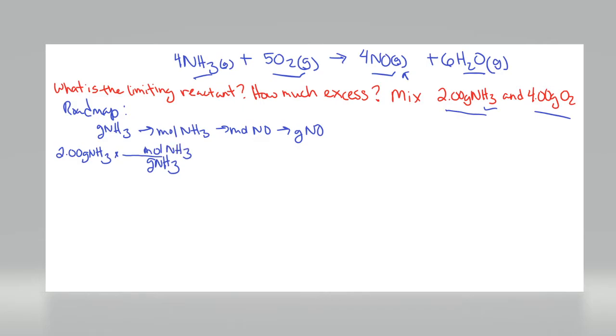So what is the molar mass of ammonia? Well, it's 17 grams in 1 mole, okay? Our next part of the roadmap, we need to go to moles of NO. So moles of NH3 goes on the bottom, moles of NO goes on top.